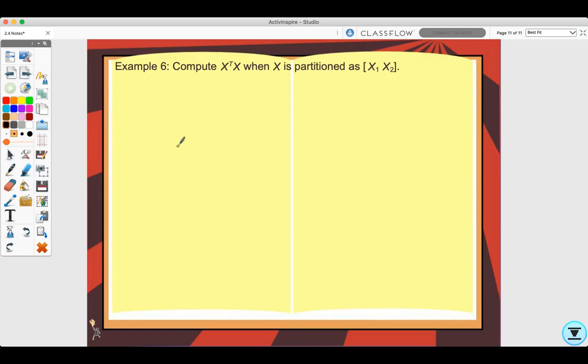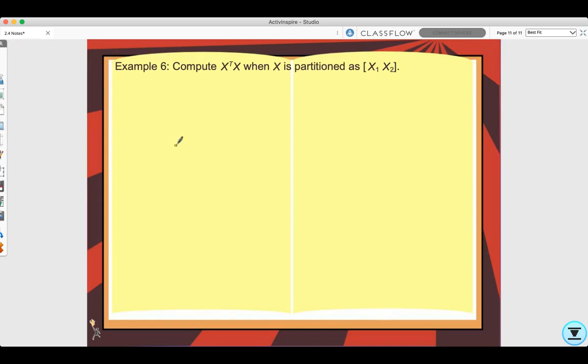In example 6, compute X transpose X when X is a partitioned matrix as X1, X2. So let's start with X transpose. That would be X1, X2 transpose, which equals X1 transpose, X2 transpose.